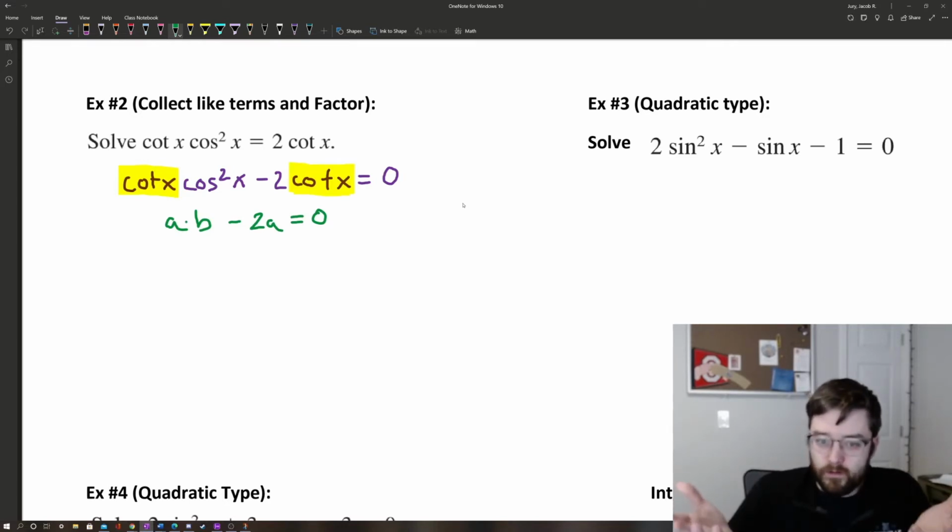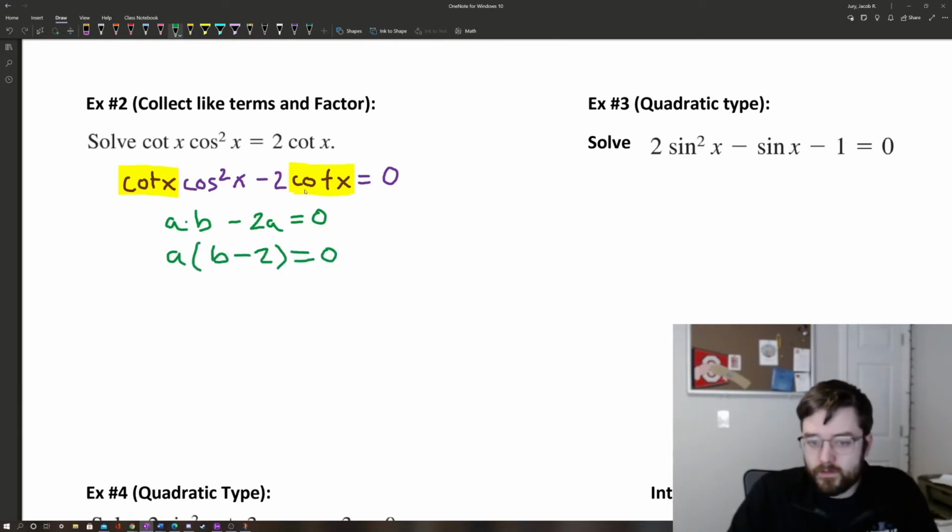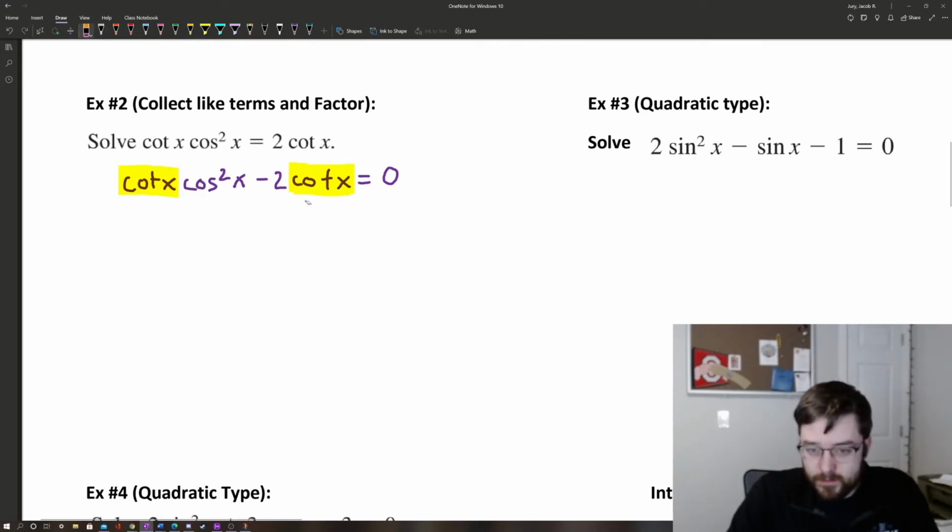How can you get only one a from that? You would factor that a away. And that's very simple looking. But because there are so many letters jam-packed in here, this looks like it's impossible to factor, but it's really not. So we're going to actually factor cotangent x because it's shared between each of the terms.